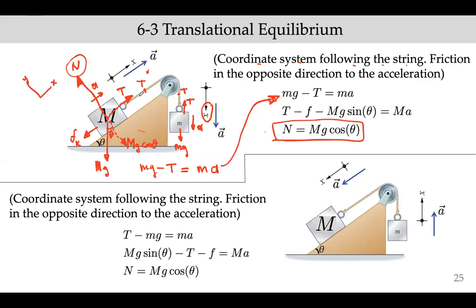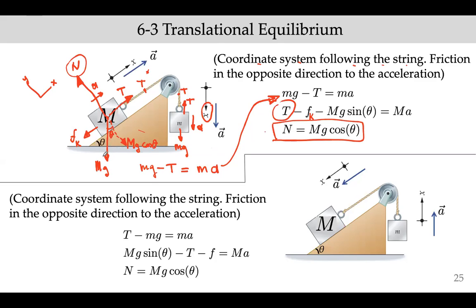So now let's consider the motion in the x direction. What are the forces in the positive x direction? Well, there is T. Is there any other force? No, that's only the tension. In the opposite direction, there is the kinetic friction force.